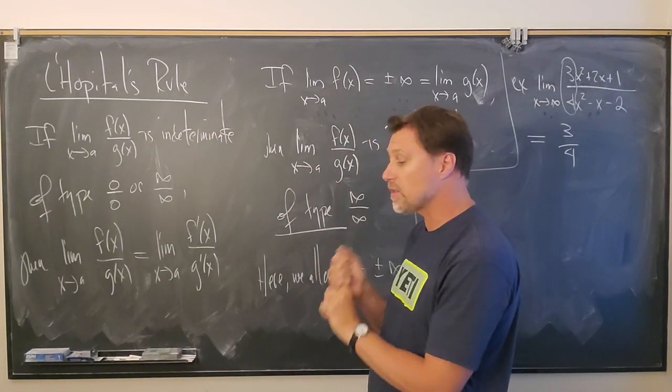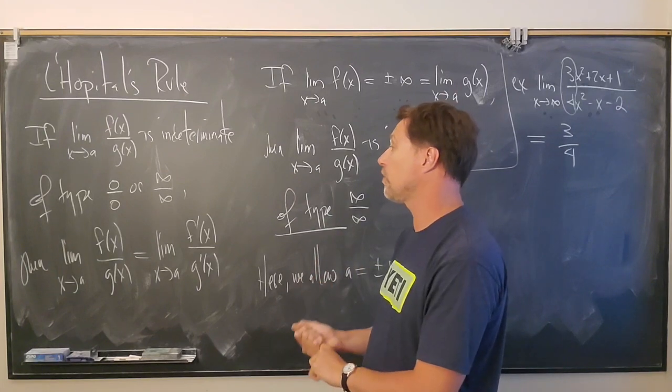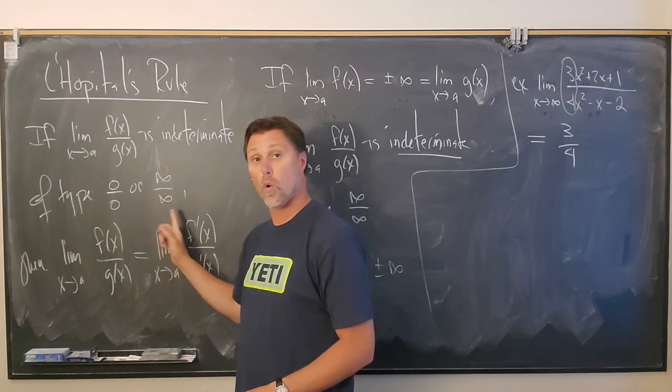So this gives us a way to handle indeterminate forms of type 0 over 0 or infinity over infinity.